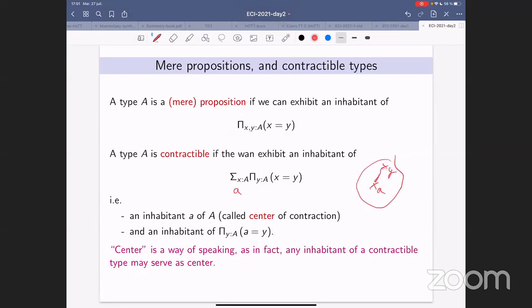Okay, you have a path from y to A. And then you can do this for every element.